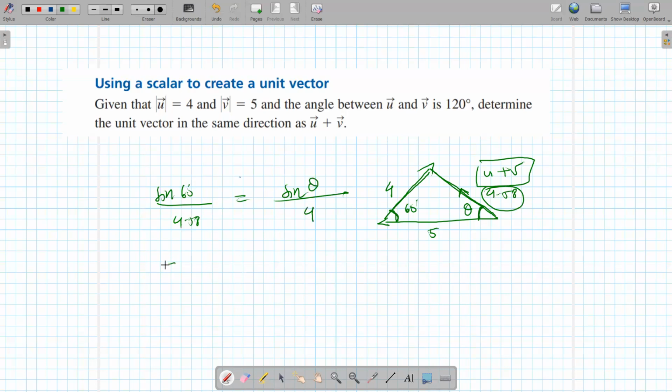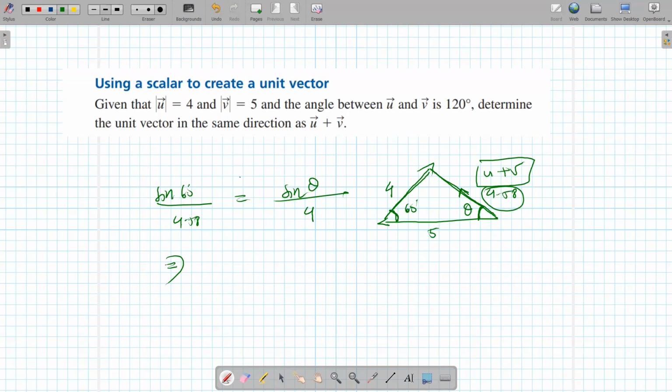How do we solve this equation for theta? You multiply by 4. Yeah, and then? And then do inverse. Correct. You want to try it? Do you have a calculator on you?